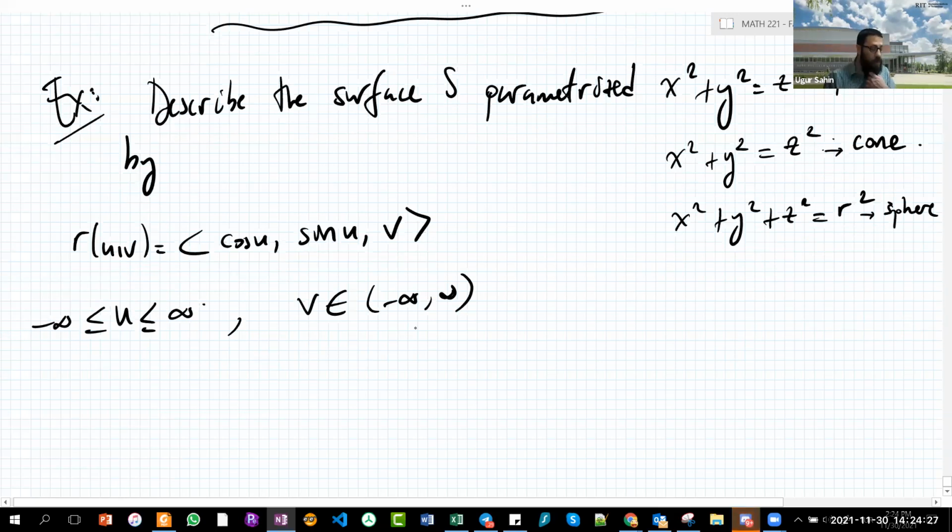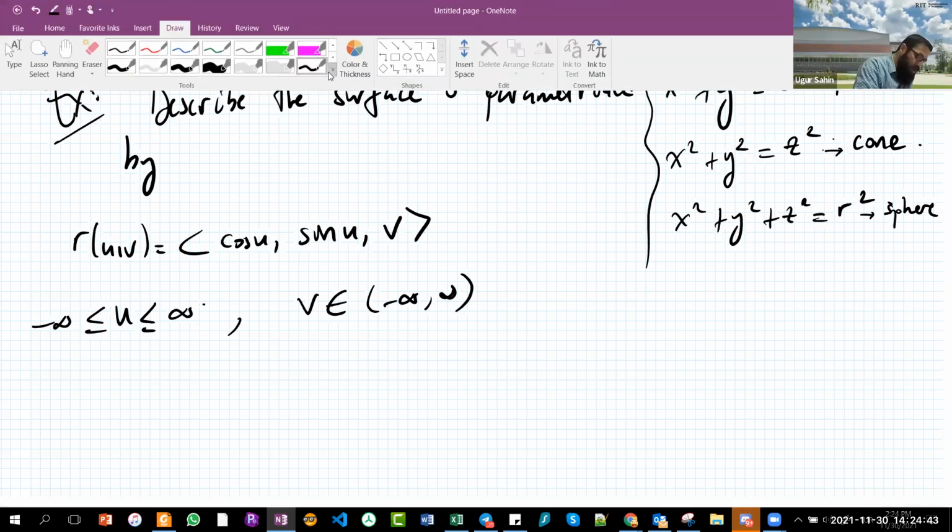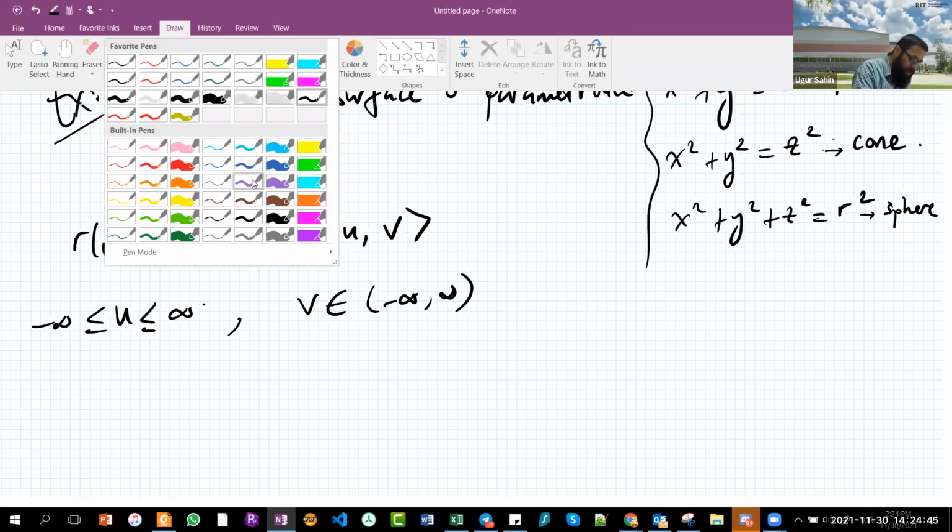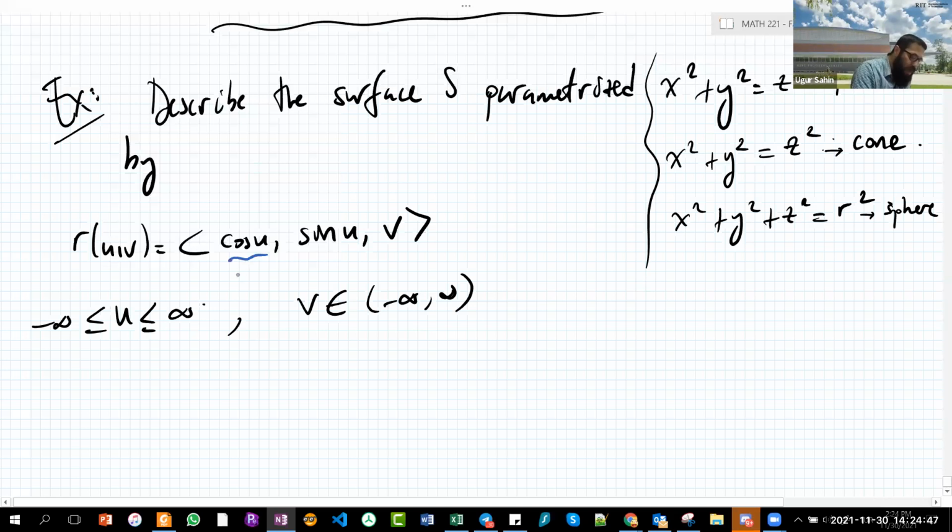So what I want you to do, of course, we are going to do together for the first one. I want to find an equation for this parameterization. Look, this is the parameterization. How am I going to find a Cartesian equation for the surface? If you look carefully, these are the components of the surface.